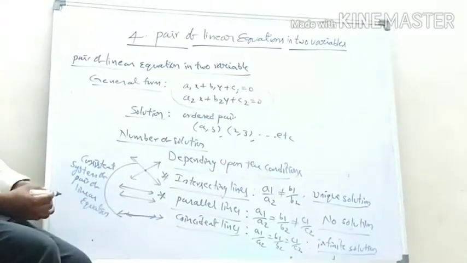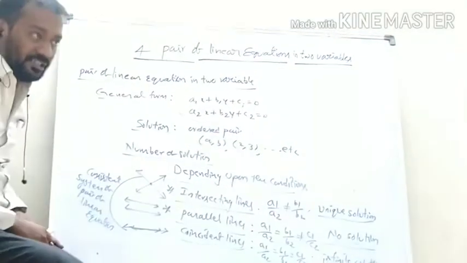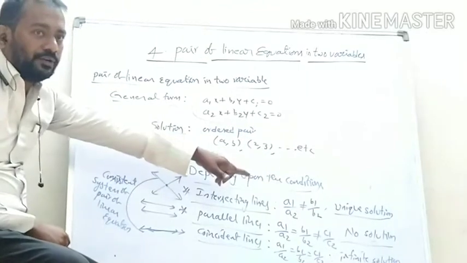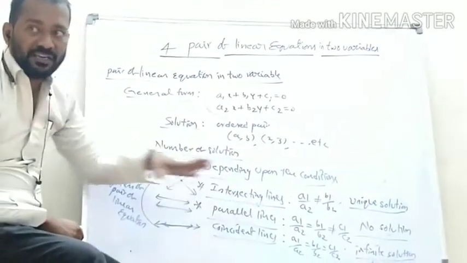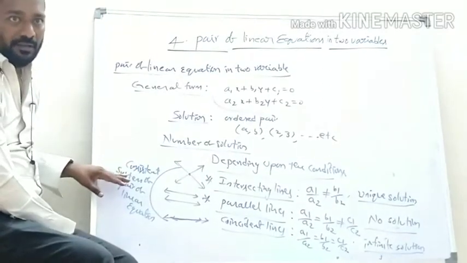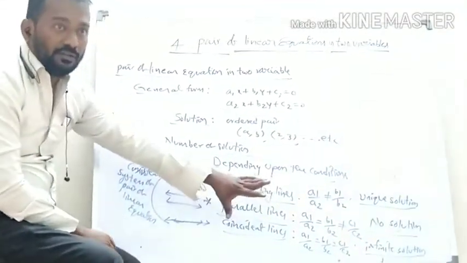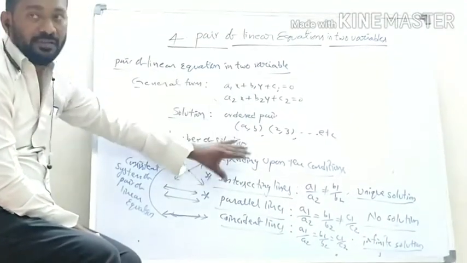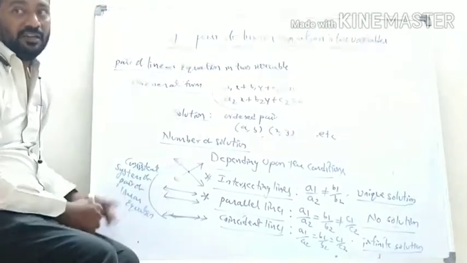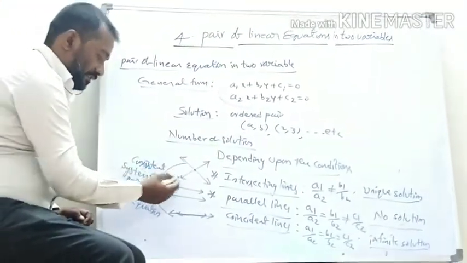A pair of linear equations which has either a unique solution or infinite solutions is called a consistent system. Next, come to the second category. Which pair of equations have no solution? Where the lines are parallel. Then it is called an inconsistent system.